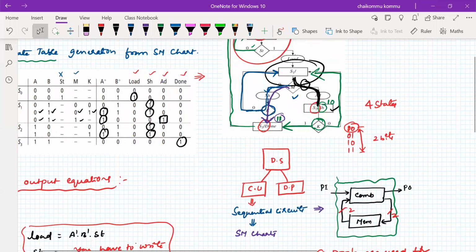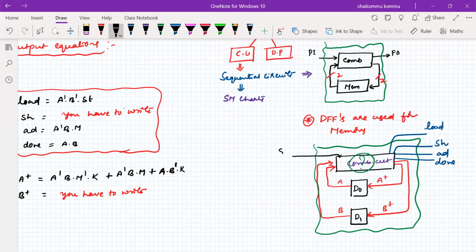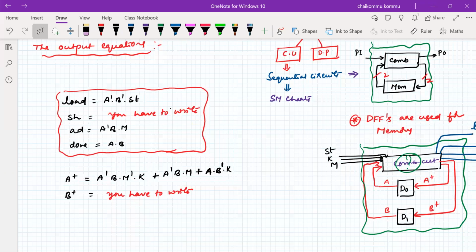Start signal, M signal, K signal. So the inputs here are the start signal, K signal, and M signal. These are the inputs. That's it. So accordingly we can develop the hardware for the sequential circuit for the multiplier control unit.